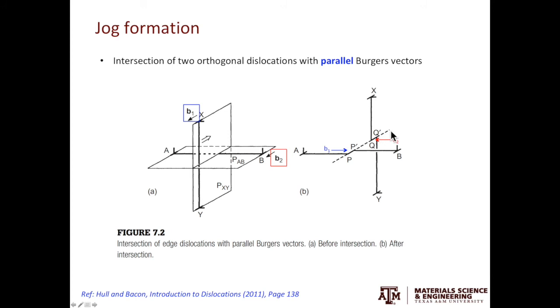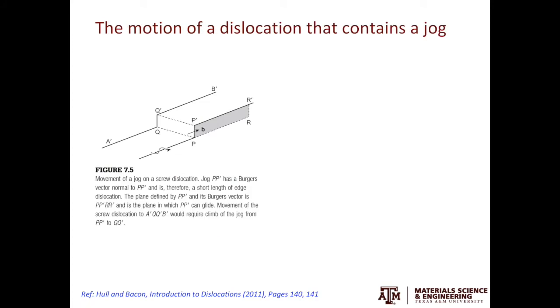The jog on the dislocation line XY has a size of B2, which is the Burgers vector of AB. And the jog on the dislocation AB has the size of B1, which is the Burgers vector of XY.